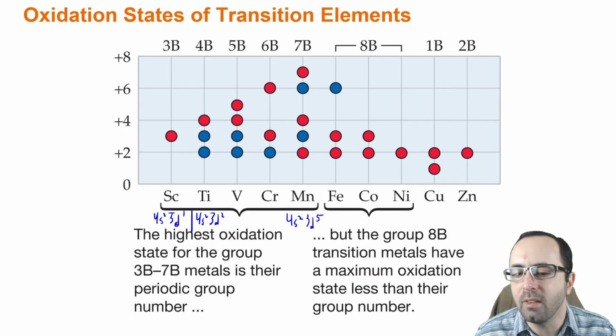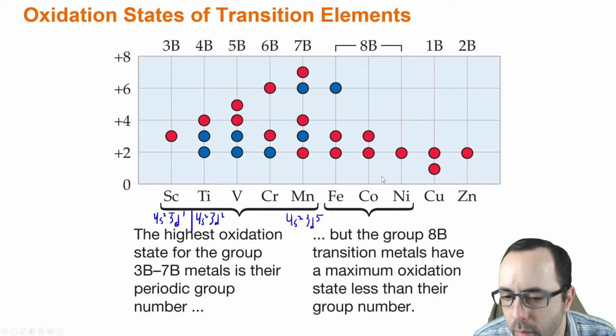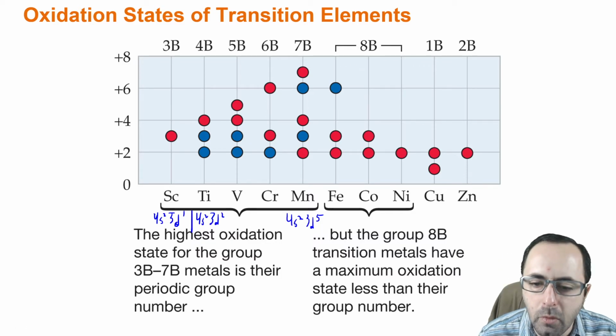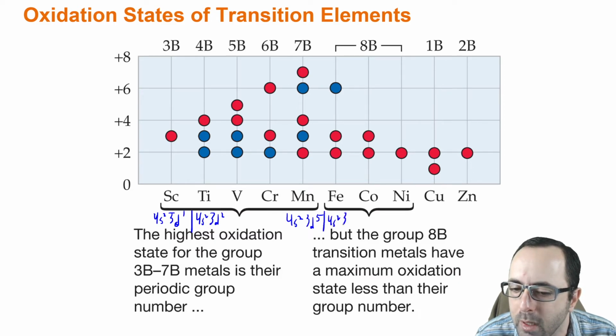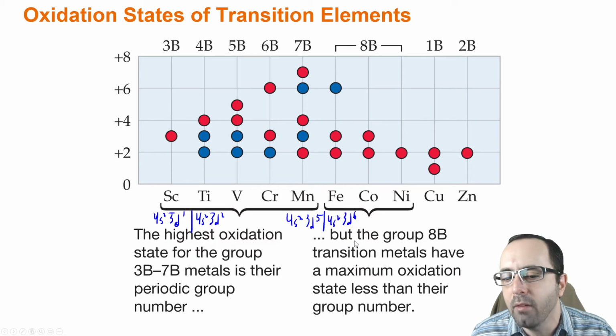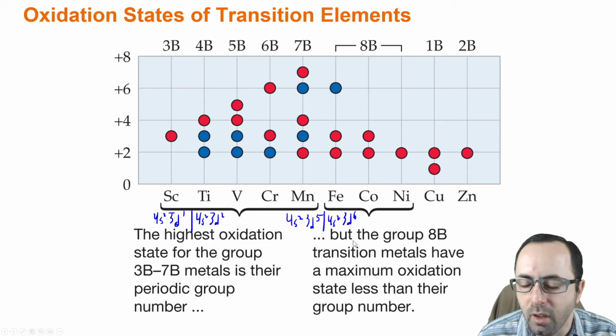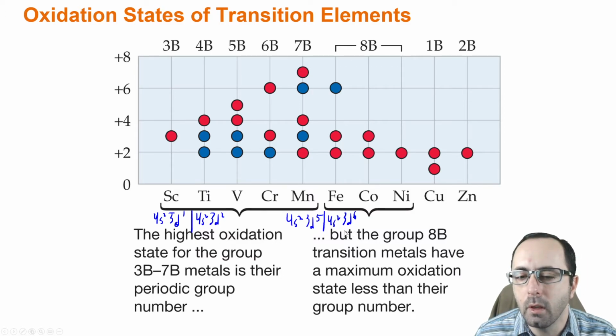You can see that for iron and cobalt, +2 and +3 ions are common. We can explain this fairly well for iron because it would be 4s2 3d6. If it's losing 2, that's losing those 4s. If it's losing 1 more, it's leaving 5 in the 3d, which is the half-full subshell. So it's not too surprising that +2 and +3 are the most common oxidation states.